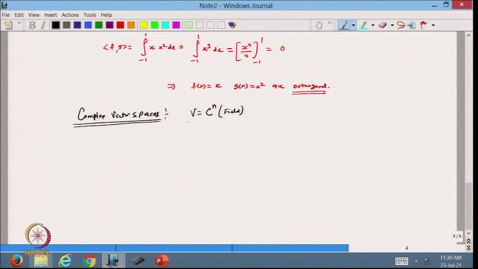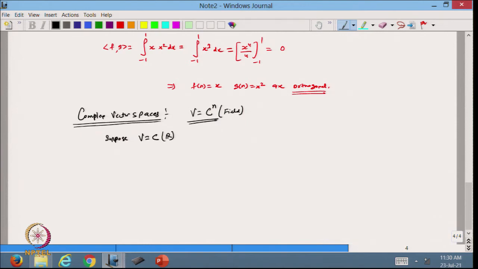Now, I start with the very first vector space I am taking. So, let us say, suppose we take the vector space V over C, that is just the complex line defined on the field R, because R is also a field.